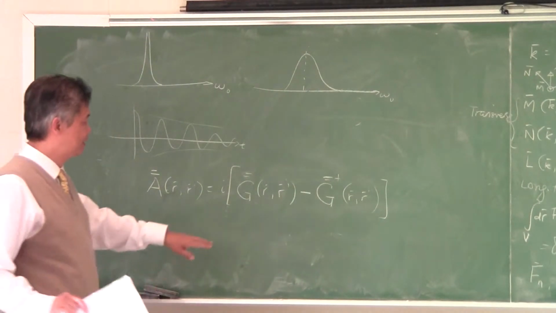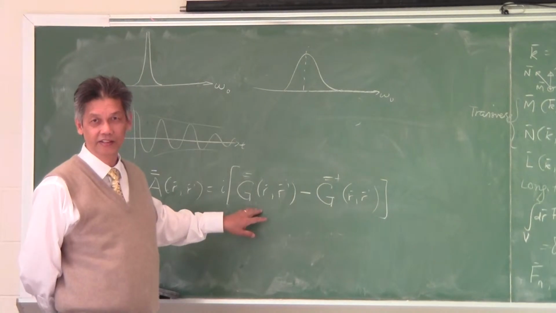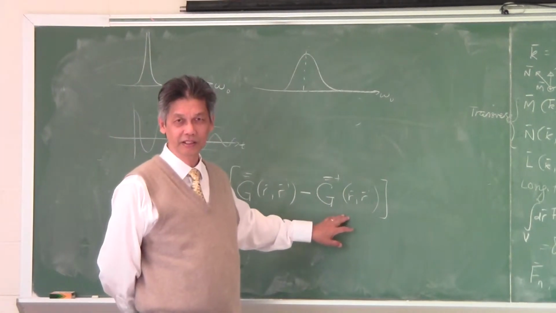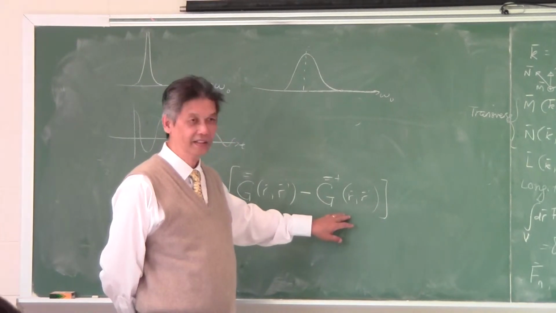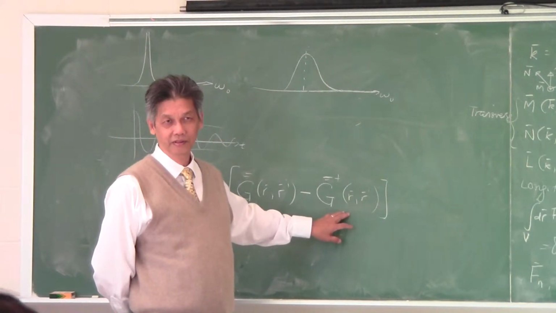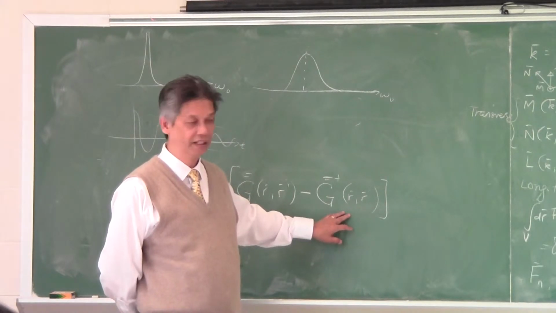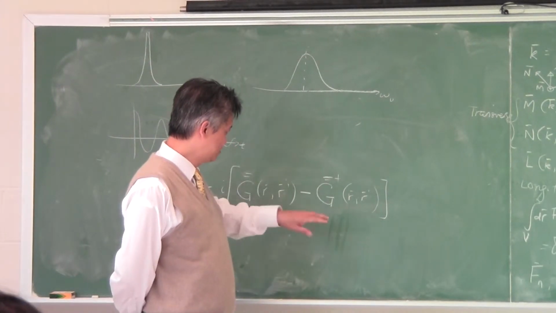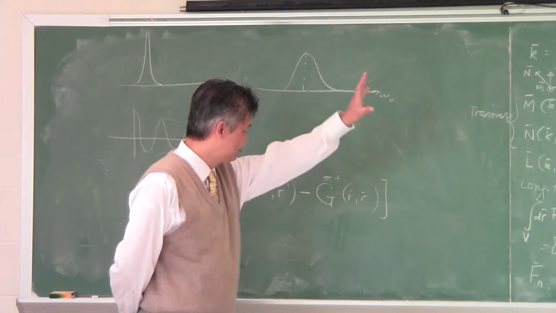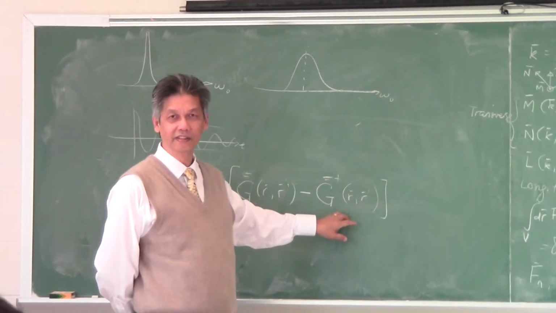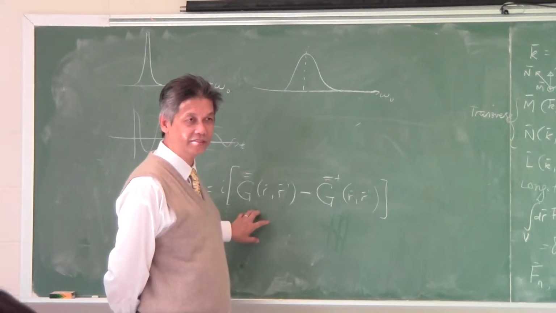It has a part that satisfies the radiation condition. But if you take the complex conjugate and Hermitian transpose it, this part corresponds to one that does not satisfy the radiation condition. It actually has the property that the wave grows in space, and this is usually called the advanced Green's function. This is called the retarded Green's function.